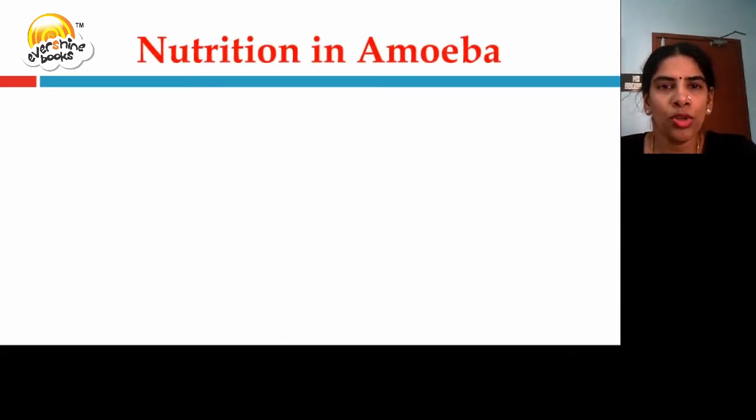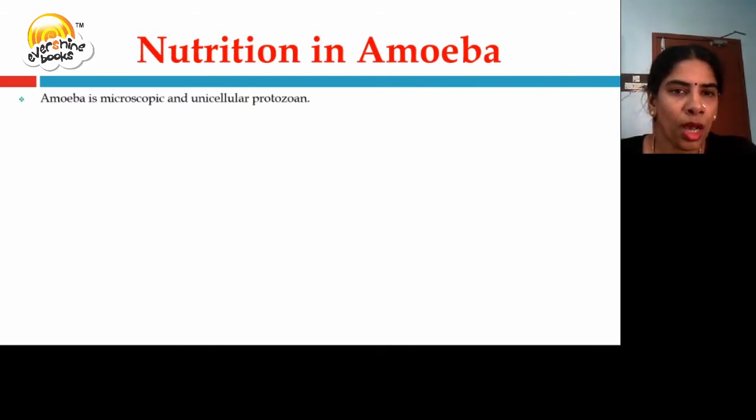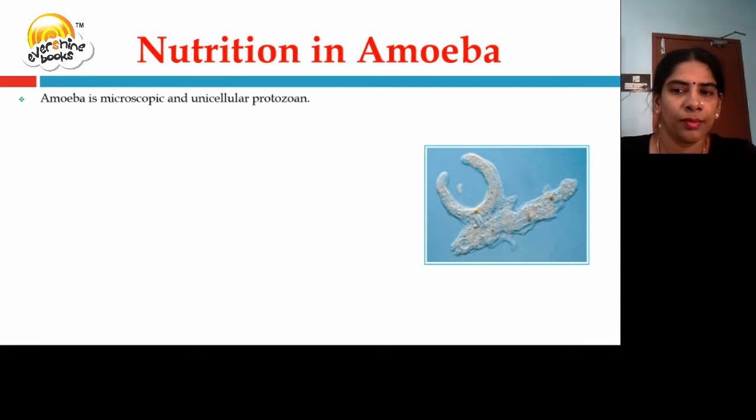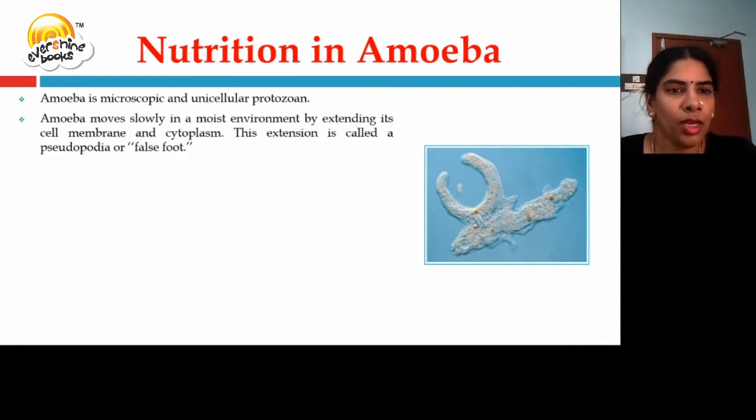Let us discuss how nutrition takes place in amoeba. Amoeba, we know, is a microscopic and unicellular, that is only one cell, protozoan. It moves slowly in a moist environment by extending its cell membrane and cytoplasm. This extension we call pseudopodia or false feet.